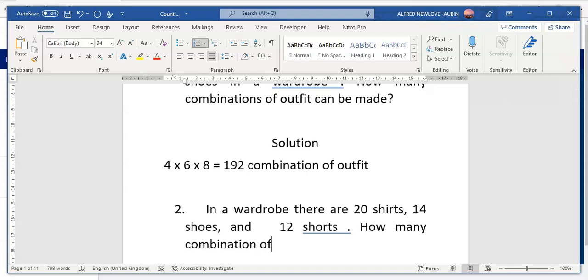How many combinations of outfits can be made?